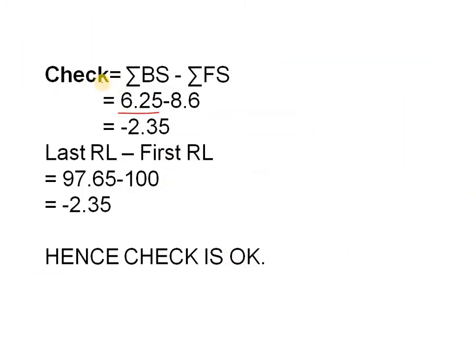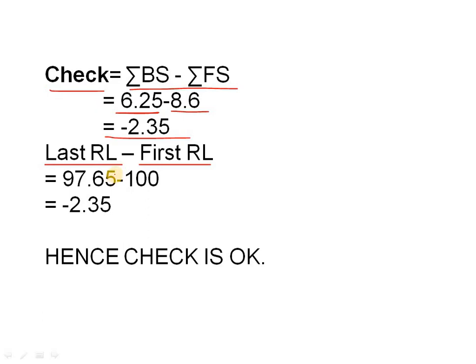After getting the backsight and foresight totals, let us calculate the check. The arithmetic check formula is sigma BS minus sigma FS. Sigma backsight total is 6.25 and sigma foresight is 8.6. We get the answer as minus 2.35. The next one is last RL minus first RL.